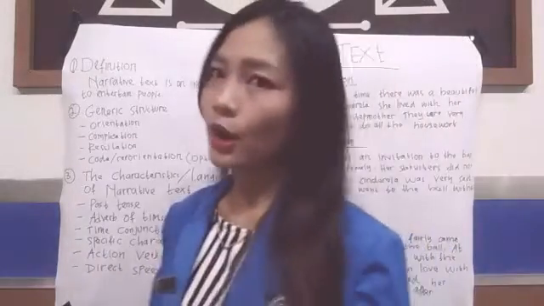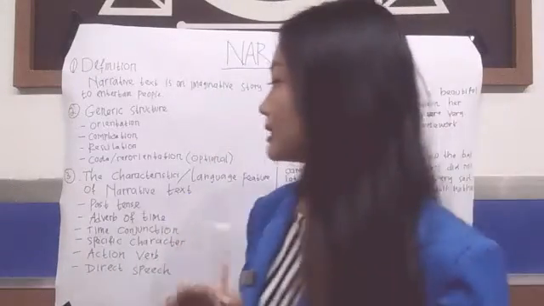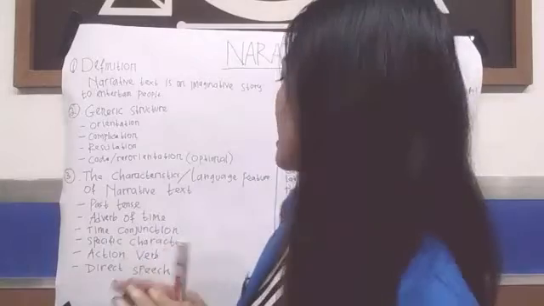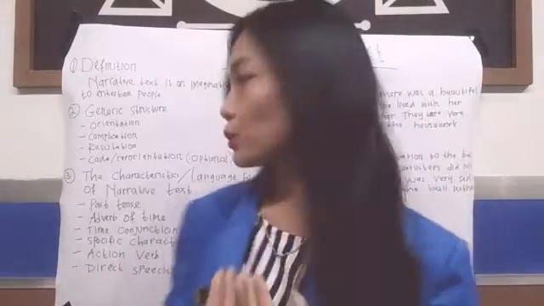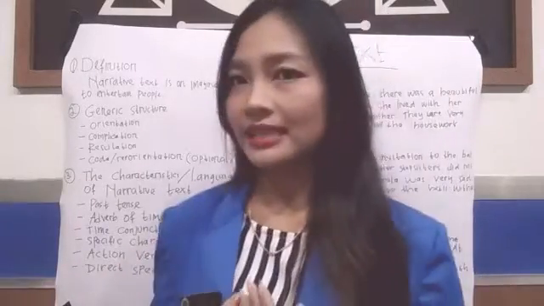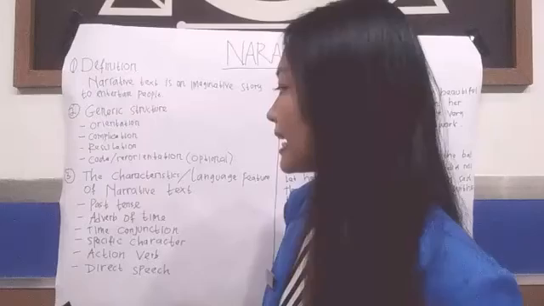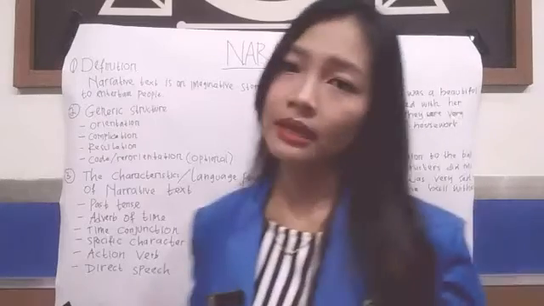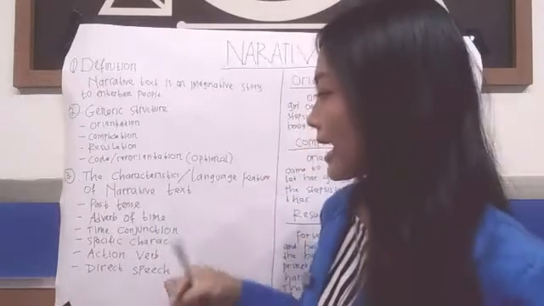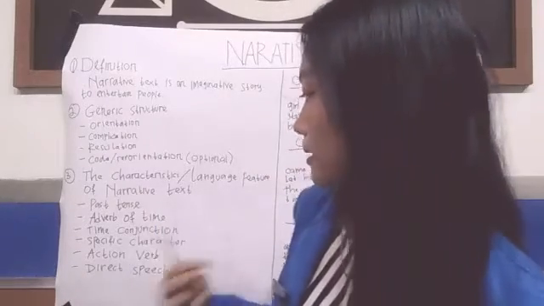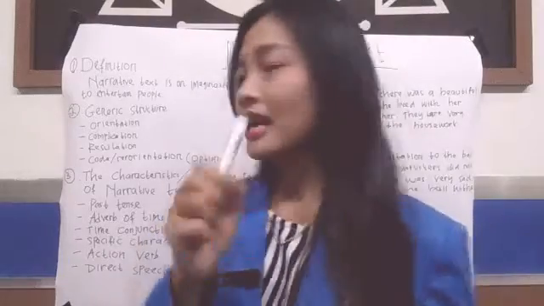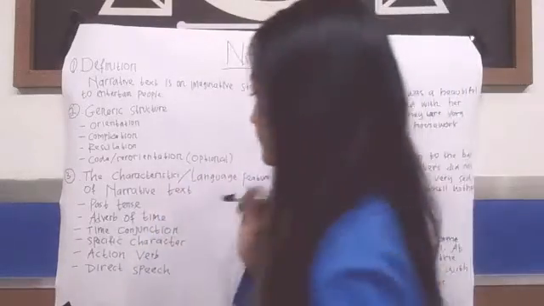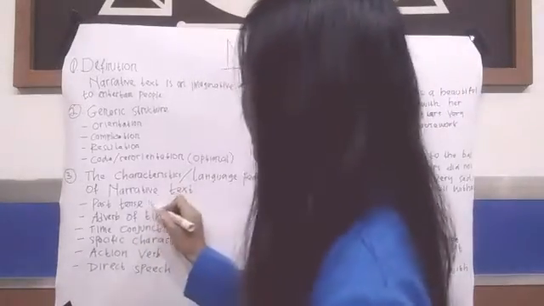Okay, next. The characteristics or language features of narrative text. Narrative text has six. The first is past tense.